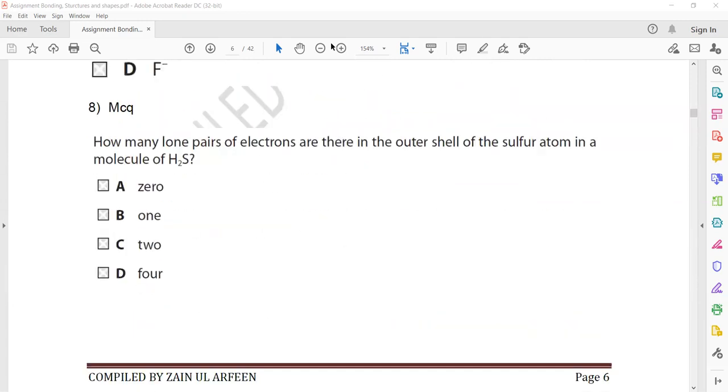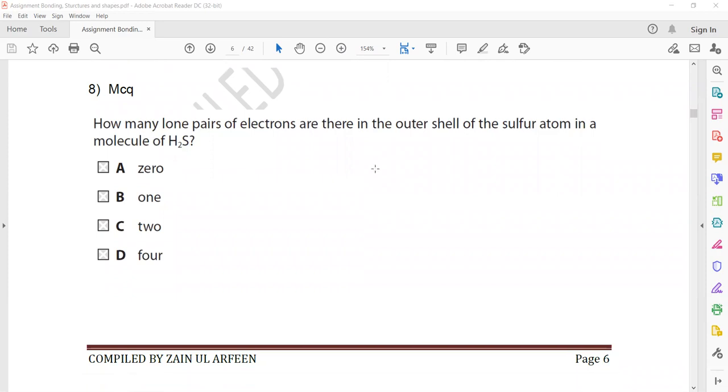In question 8, how many lone pairs of electrons are there in the outer shell of the sulfur atom in the molecule of H2S, or hydrogen sulfide? So in H2S, sulfur belongs to group 6, so it will share 2 electrons, and each hydrogen will share 1, so unshared will be 4.